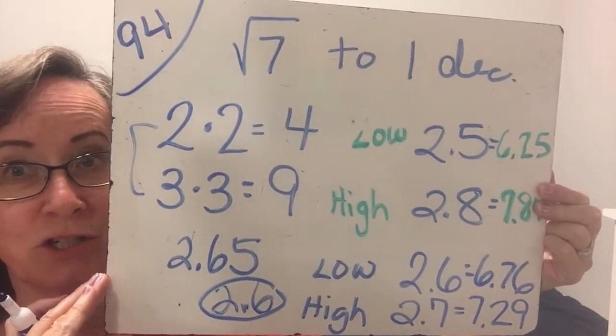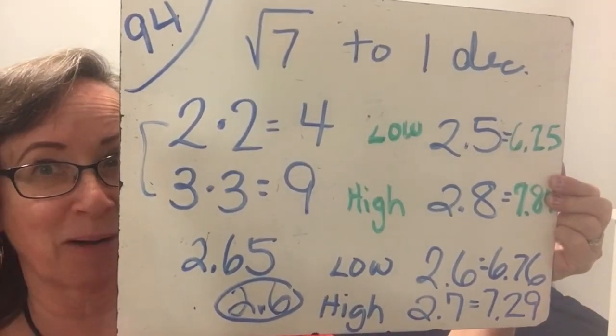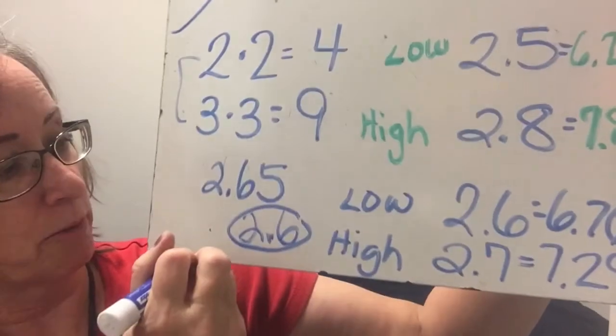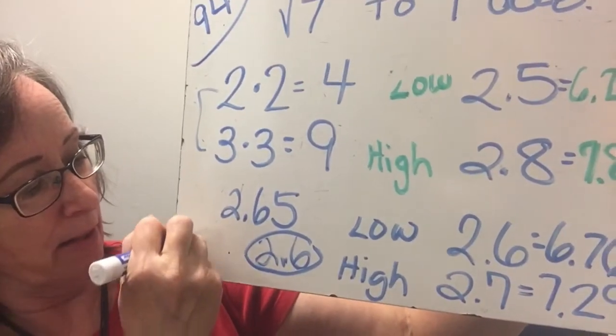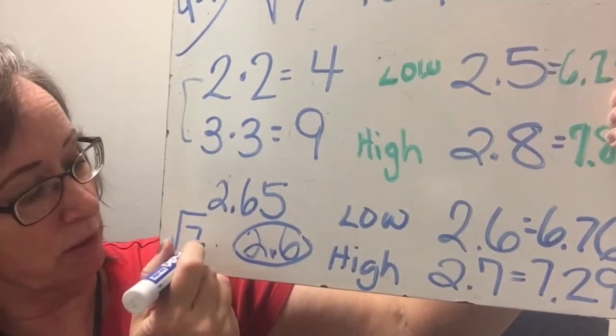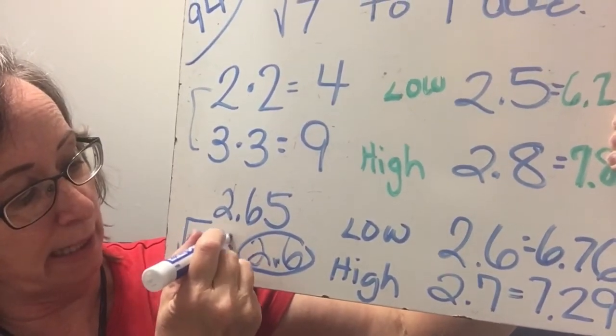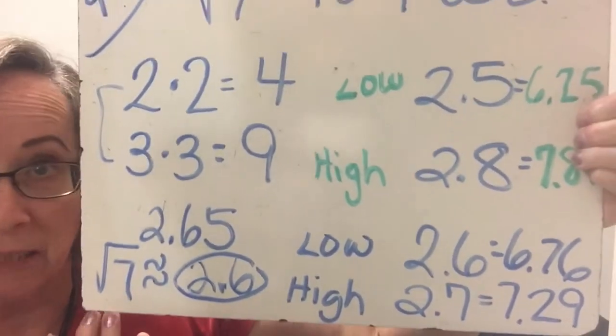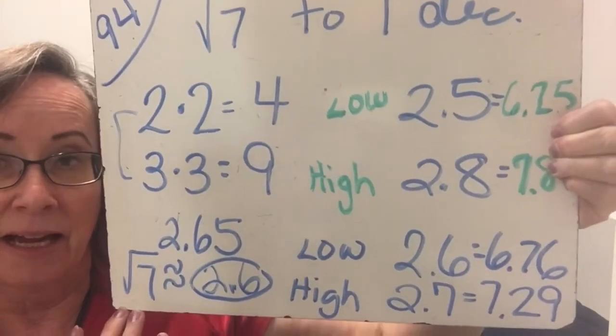So now we're going to do a practice problem. One thing I forgot was, remember, we're going to say the square root of 7 is approximately, instead of equals, because this is approximate. This is not exact.